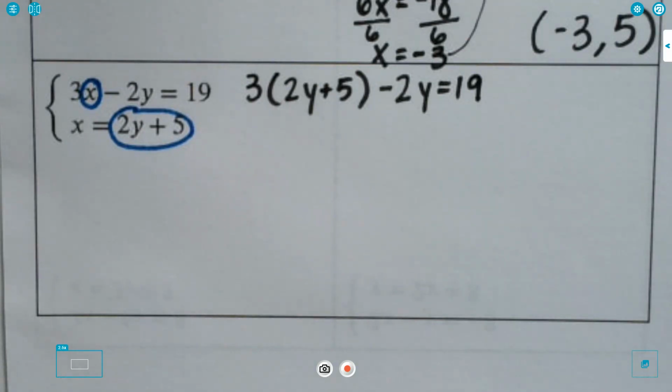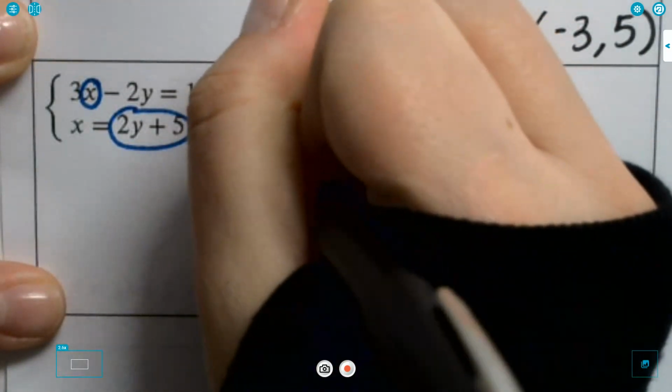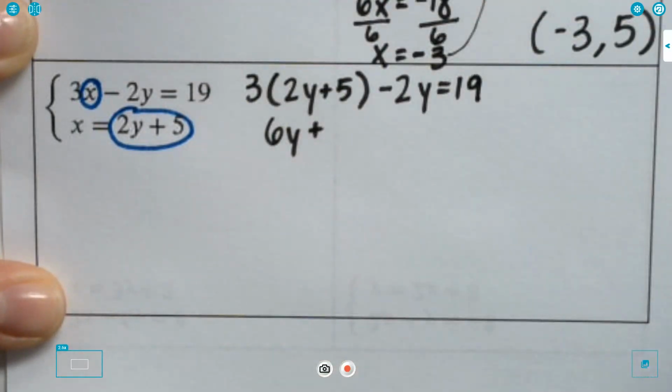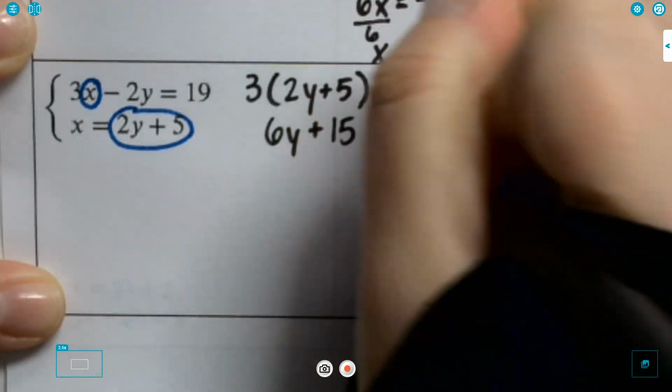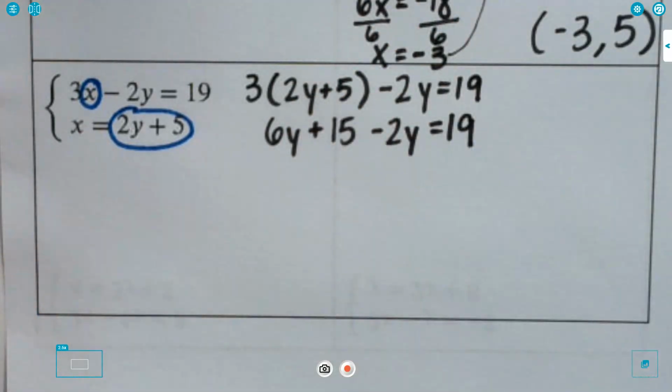Okay, 3 times that 2y is 6y. 3 times that 5 is 15. And I've still got minus 2y equals 19. That was me distributing.